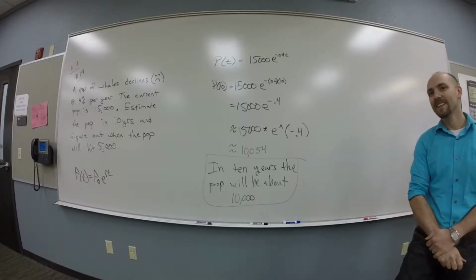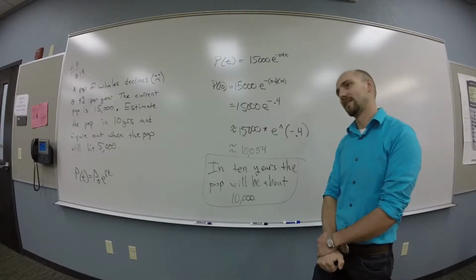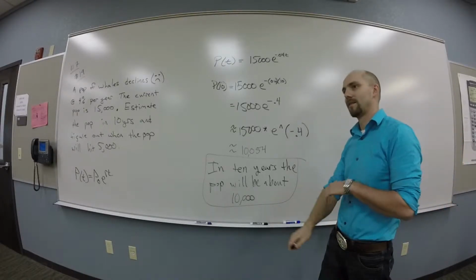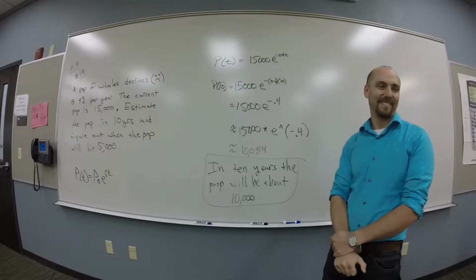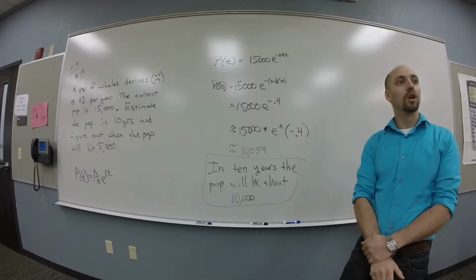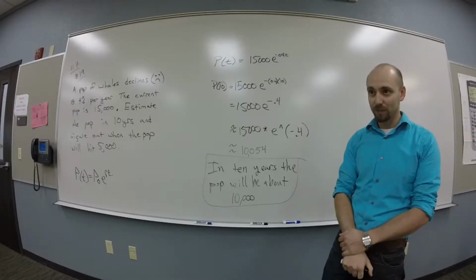Now they want to know when it's going to be 5,000. If we know that in 10 years it's going to be 10,000, can we just say double that? That's actually a pretty good point. That's an educated guess. If we double that time, remember this is multiplicative change.